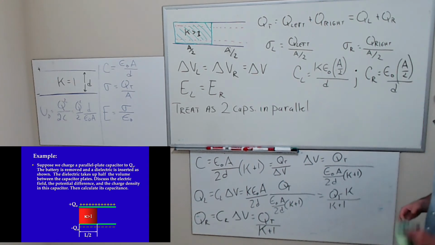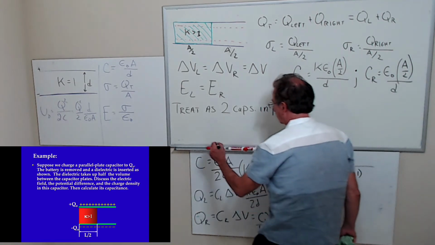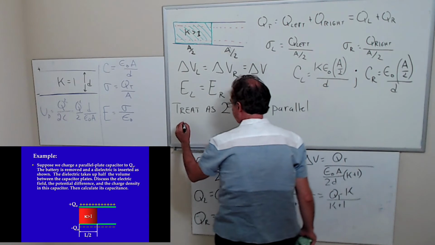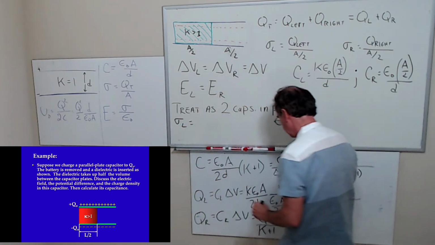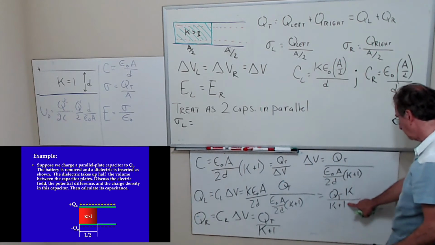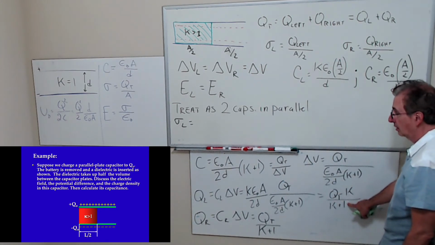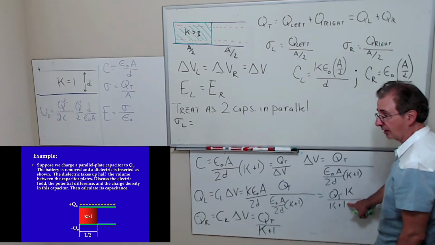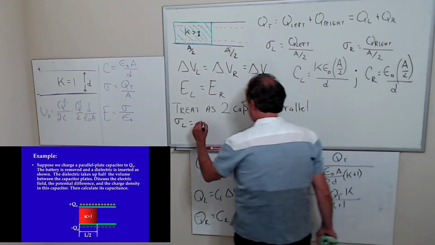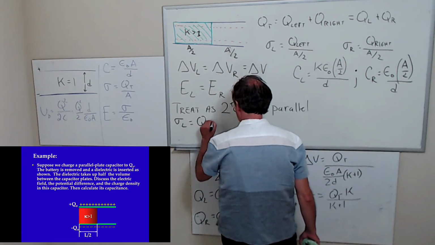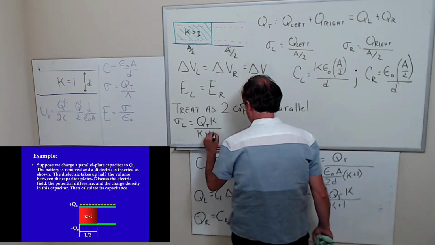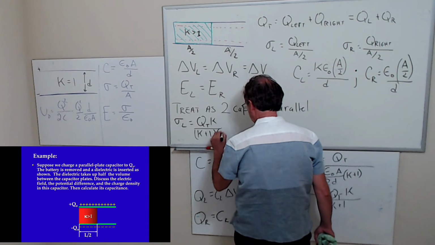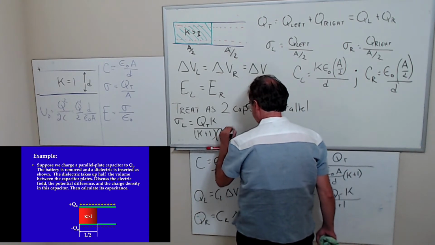Now, what's sigma? What's the charge density? So I'm going to actually come back here. Sigma left is going to be this divided by the area, times A over 2, or I'm sorry, divided by A over 2.